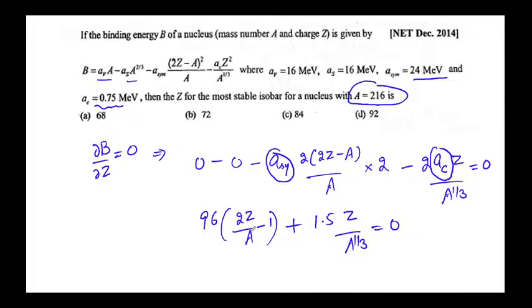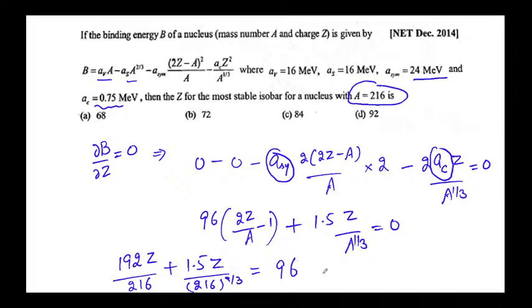Now putting the value of A, which is 216 as given, this equation becomes 96 into 2, that is 192 times Z over 216, minus 96, which I move to the right hand side and it becomes plus 96, plus 1.5 Z over 216 to the power 1 over 3.